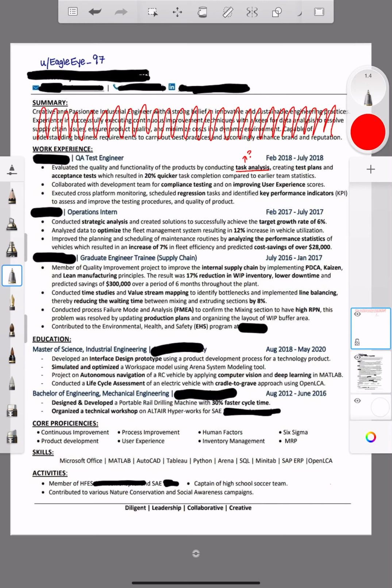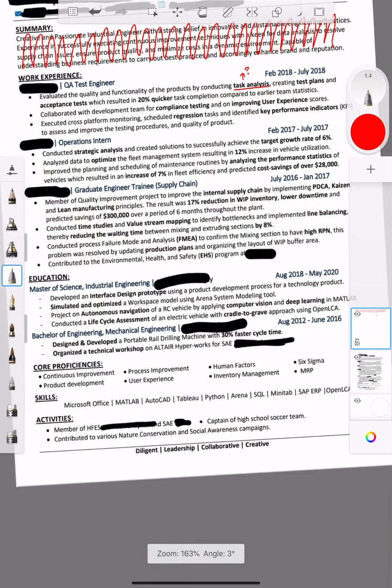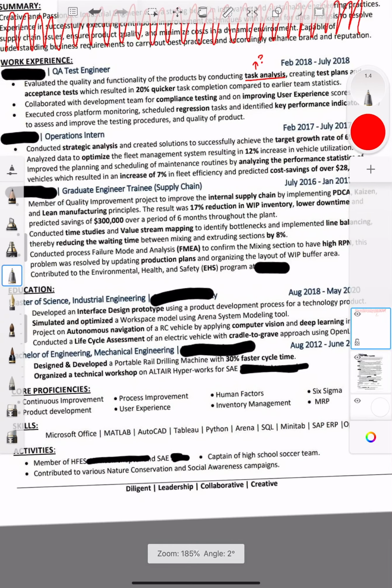I like quantitative details. So that's awesome that you can see the direct results of this person's work, but I still don't really know what they did by task analysis. But that's okay. We're gonna move on.